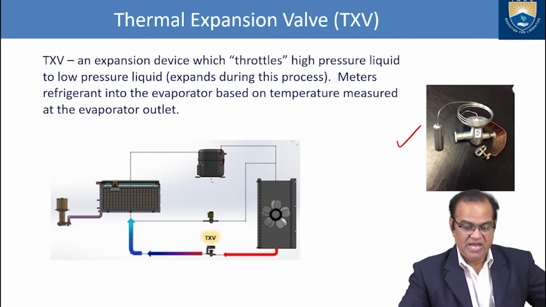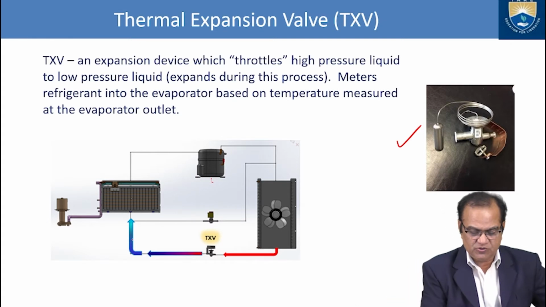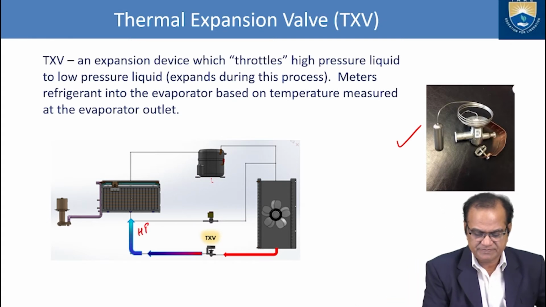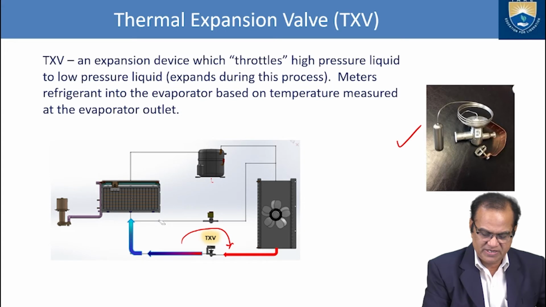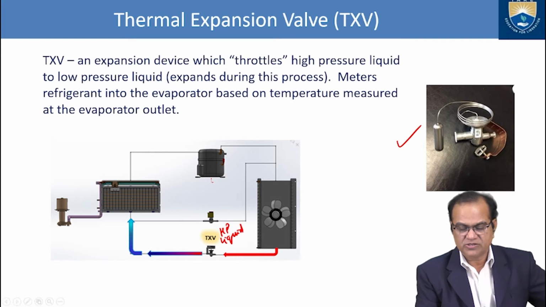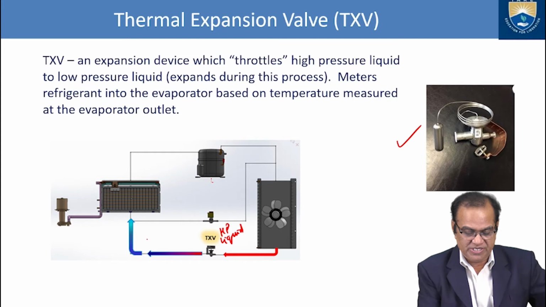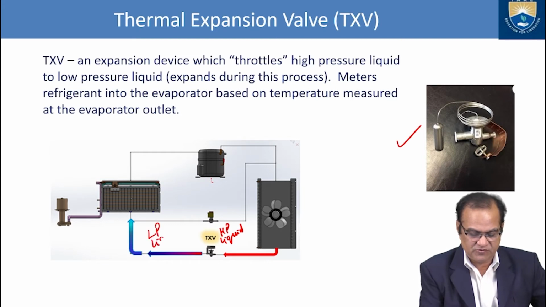So it is an expansion device which throttles high pressure liquid. Here you can see high pressure liquid. I am writing here, this high pressure HP liquid. So this HP liquid, high pressure to low pressure liquid, here LP, becomes LP liquid.